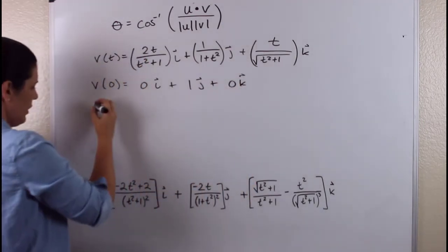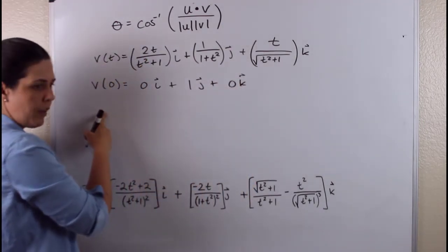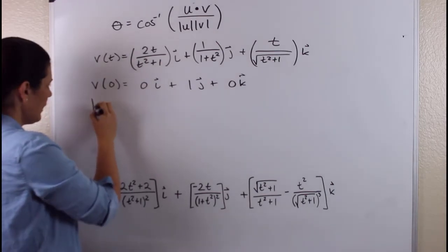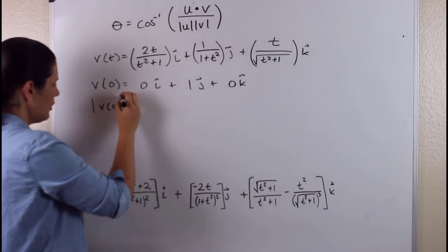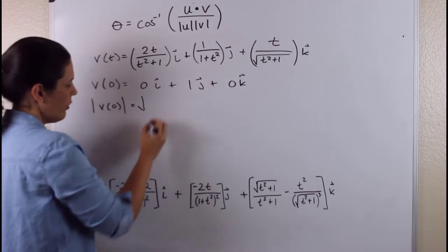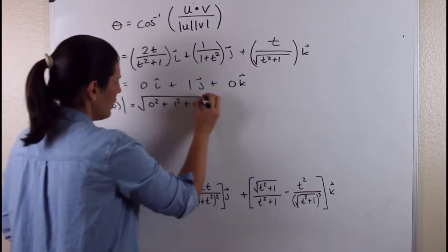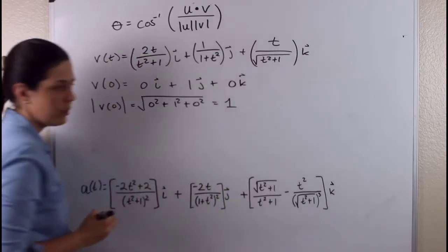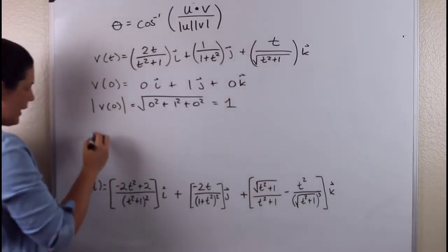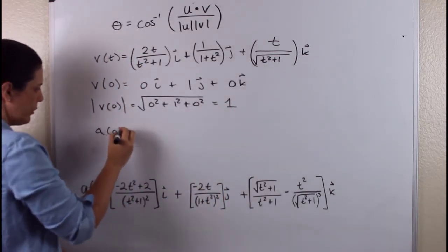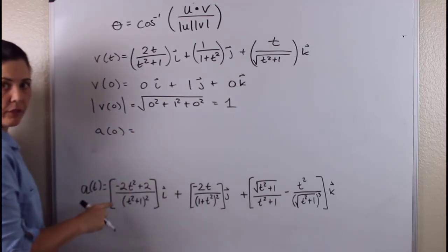Alright, let's stick with v for a moment. We still need to find this magnitude. So the magnitude of this vector is just the square root of 0 squared plus 1 squared plus 0 squared, which is 1. Alright, let's move on to a. So a of 0, I'm plugging in 0 everywhere.